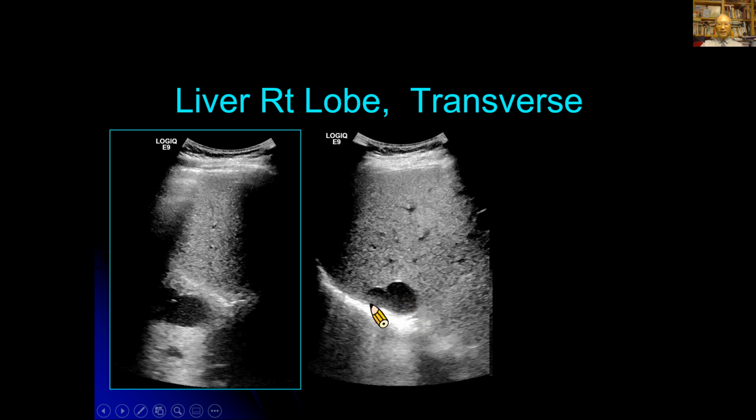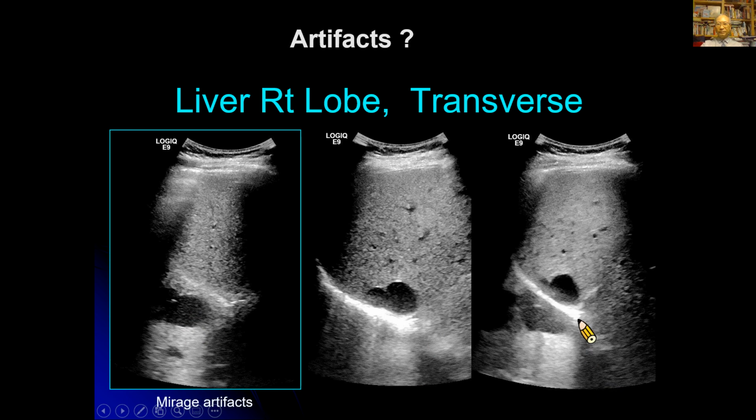That's the inferior vena cava and a prominent hepatic vein. Is that an artifact? Now I can see both sides. One below the diaphragm, one above the diaphragm. This is the real hepatic vein and IVC. This is the reflected structure from below the diaphragm.